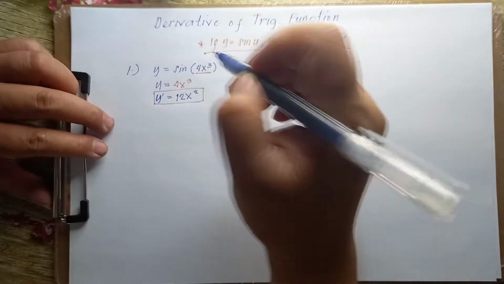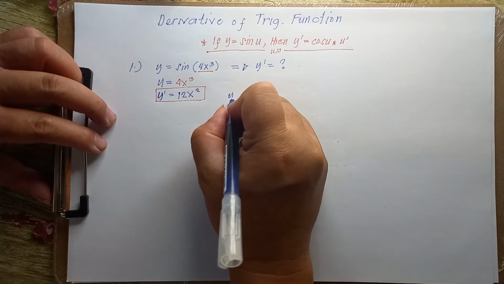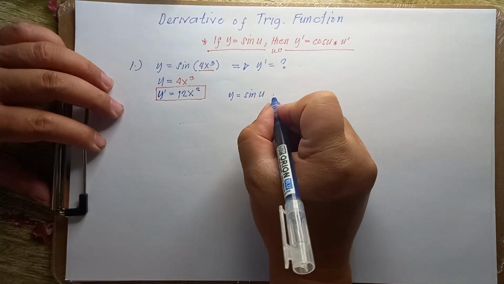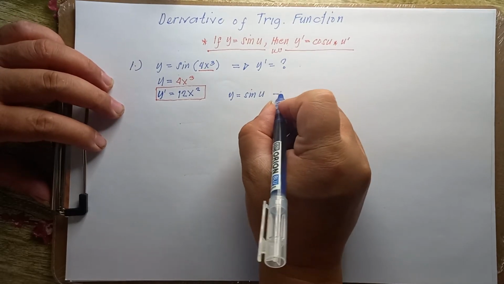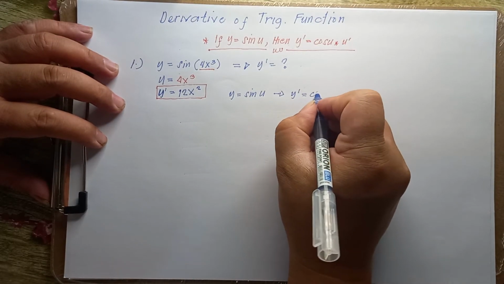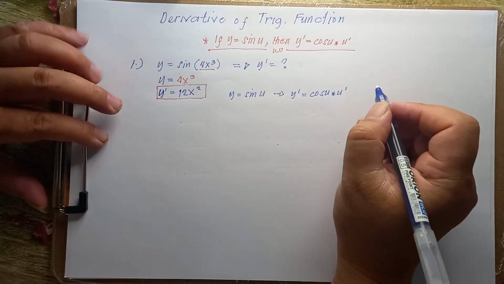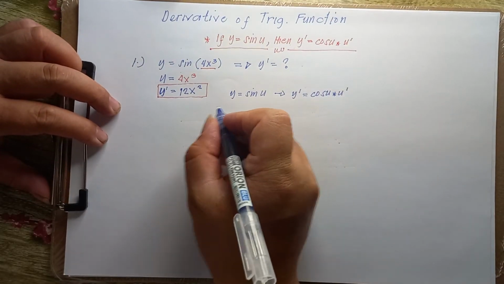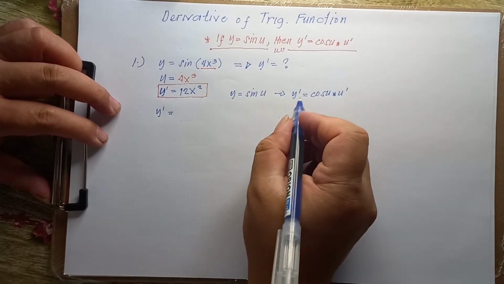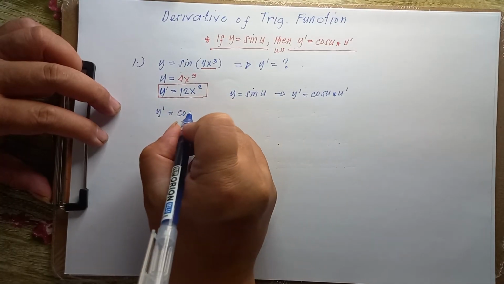Now considering our working equation says that your y, which is sine u, its derivative y prime is the same as cosine u times u prime. So we can say now that y prime is cosine u.